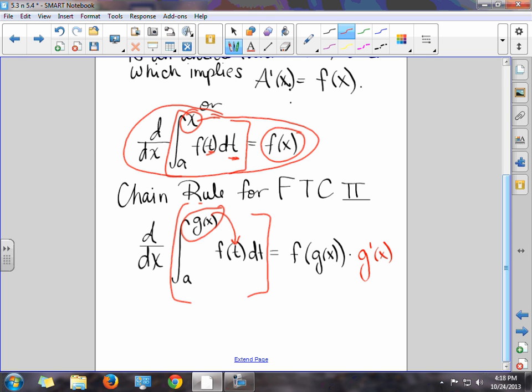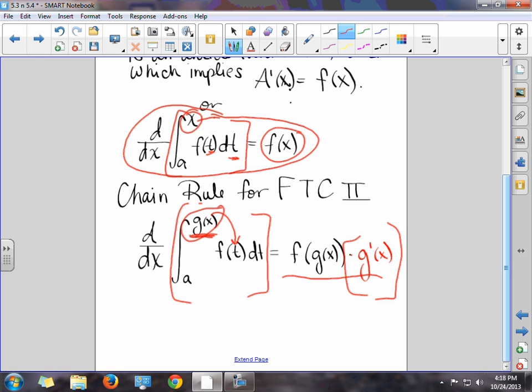You also have to deal with the derivative of your inner function. So I call this the chain rule for the fundamental theorem of calculus. If you have an upper limit that is not just x, what you're really interested in is whether the derivative of g of x is 1. If it is, then you just plug in what's up here. If it's not 1, then you plug in what's up here for t or z or whatever it is, and then you have to multiply the outside by the derivative of g.